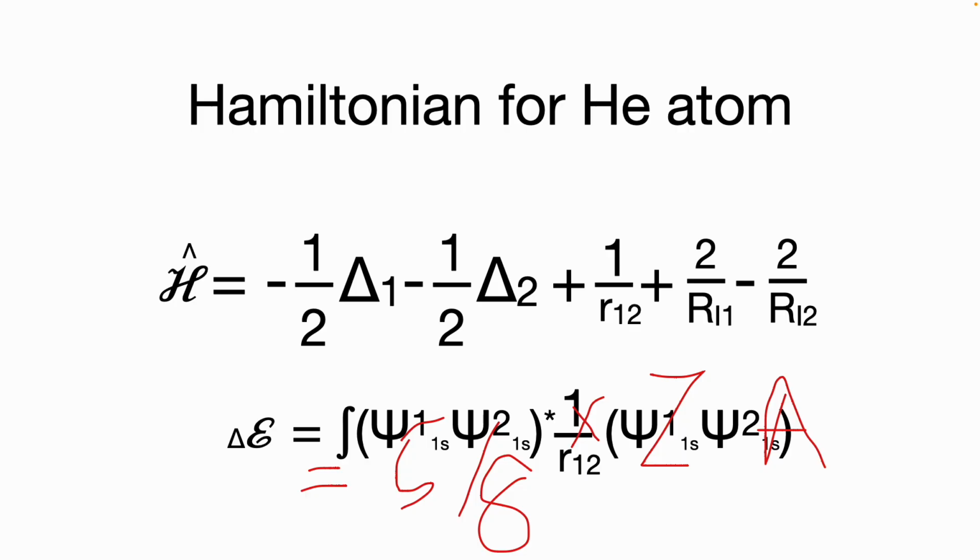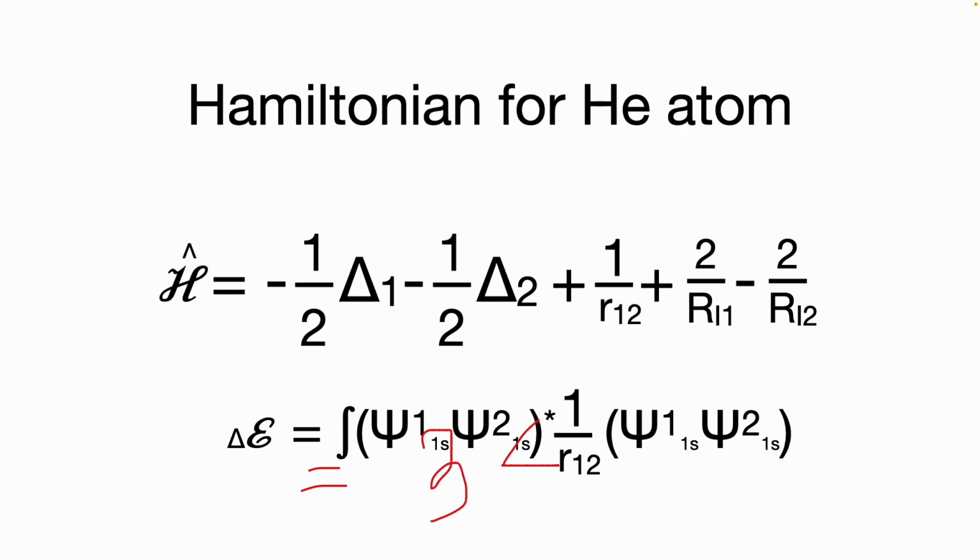And this comes out to be 34 electron volts. So what we know now is that delta E is equal to 34 electron volts.